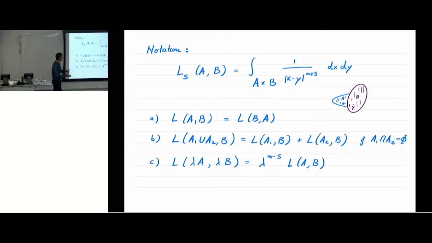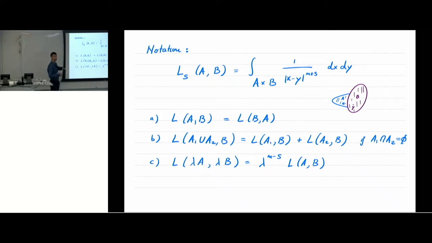And not to always repeat this kernel in the slides, there is a notation that I use: if I have two sets A and B, the energy of A and B is denoted by L(A, B), which basically says that I take all x in A and all y in B, and I integrate relative to this kernel, 1 over |x minus y| to the n plus s.